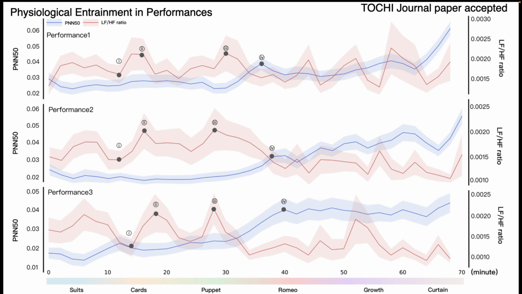And then after half of the performance, you see that the pNN50 goes up. And this reflects the relaxation part. So the person found their place in society, the dancers found their place in society, and the audience members should reflect back on the performance.